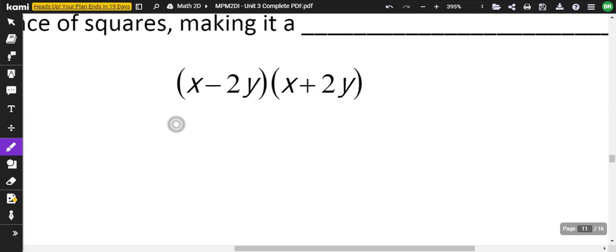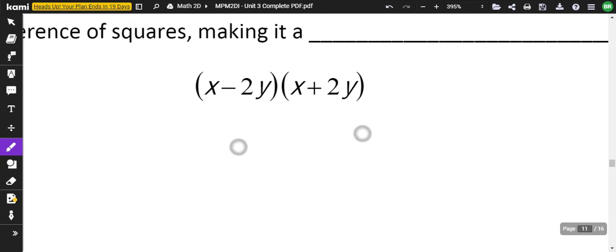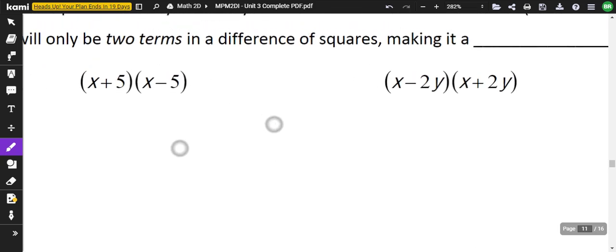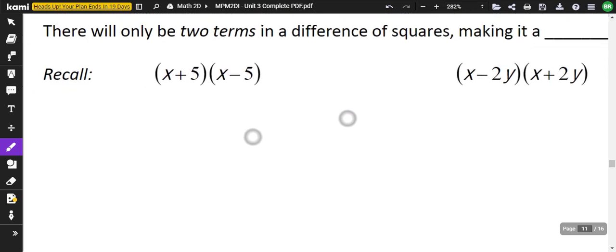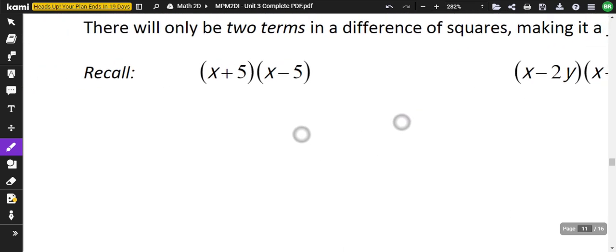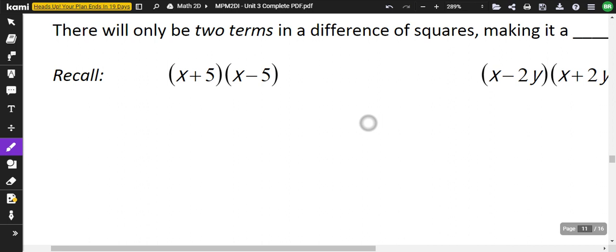And the second example is similar, but it's x minus 2y and x plus 2y. If I have a situation like this, then what does it look like when I expand and simplify it? What we'll notice is that it always looks the same.